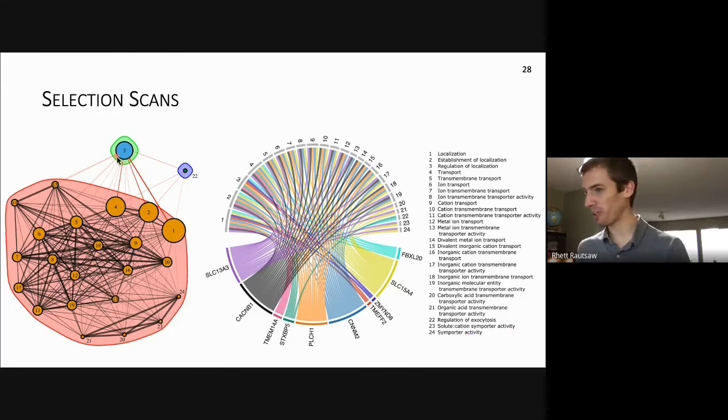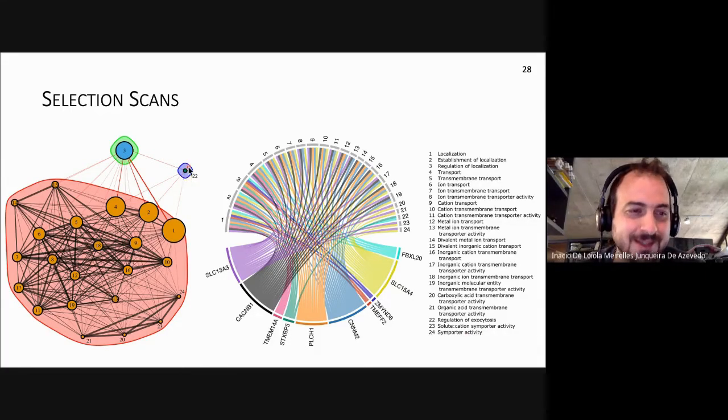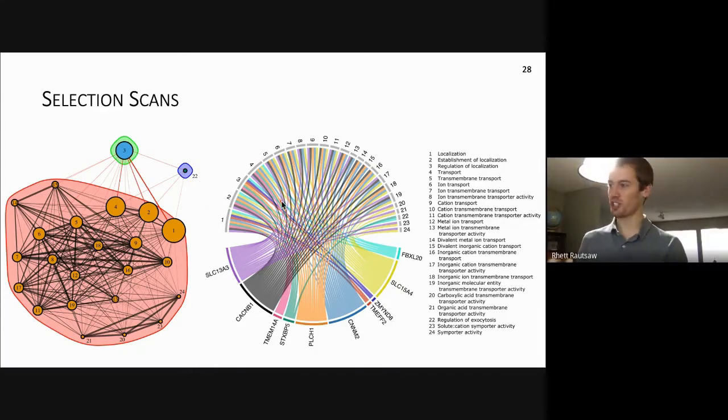Okay. I was trying to understand if it's driven towards this function, or it's just the result. So you'll see these modules up here that are kind of isolated from the rest. These are gene ontology terms that aren't necessarily associated with ion transport. So number 3 is regulation of localization.